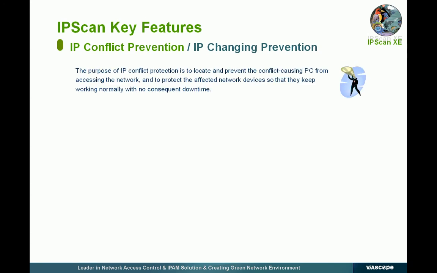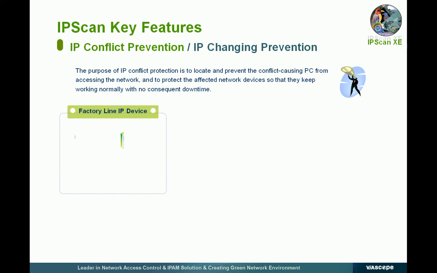As the core of the IPScan solution, the purpose of IP conflict protection is to locate and prevent the conflict-causing PC from accessing the network, and to protect the affected network devices so that they keep working normally with no consequent downtime. The protection feature is widely used in most network-based companies in various industrial fields.